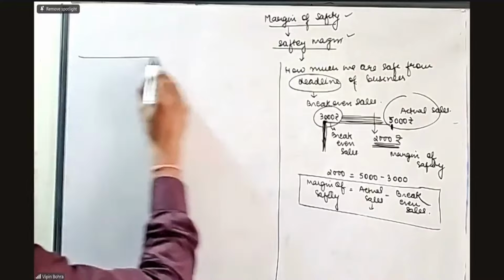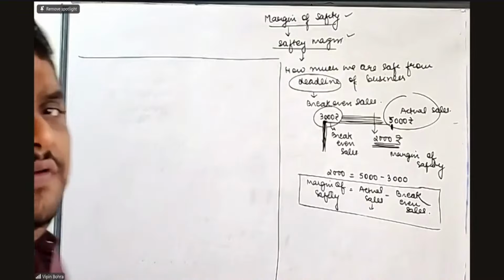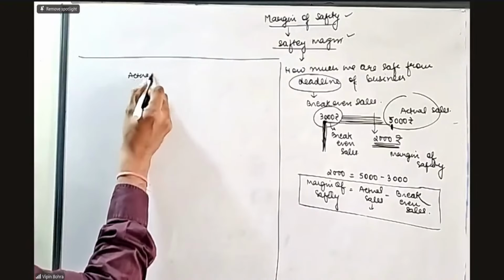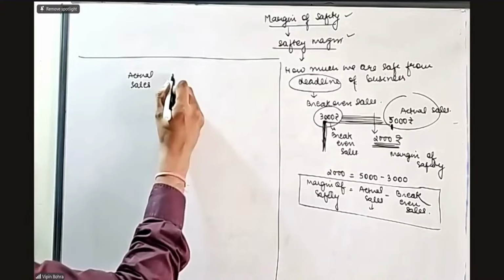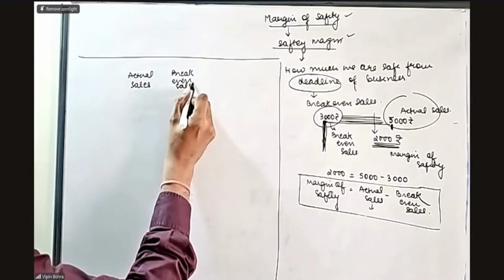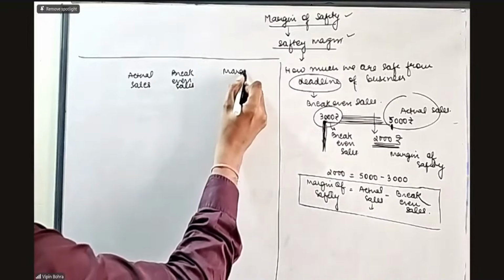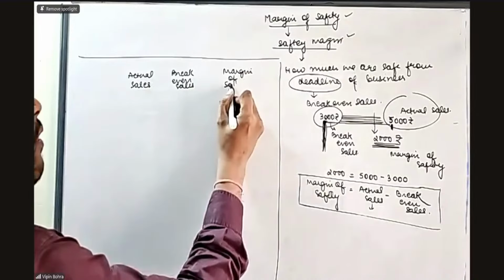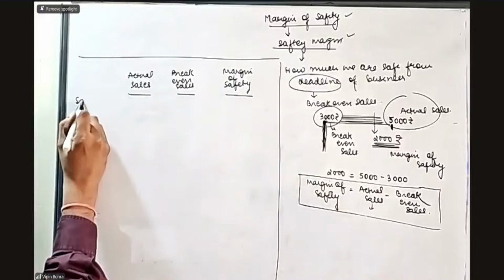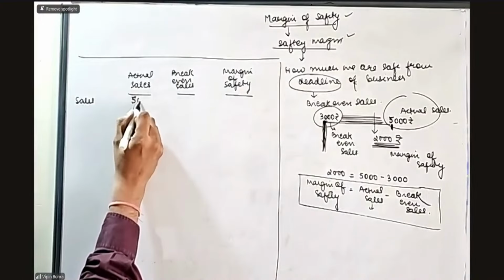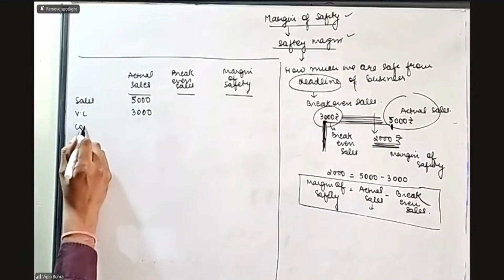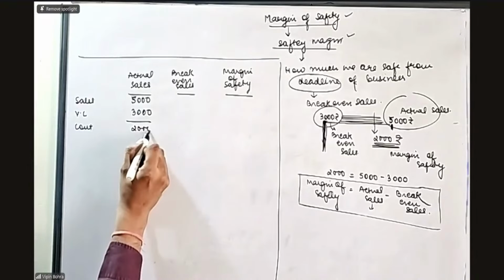There is an alternate way to understand the margin of safety concept, wherein let's say my actual sales is 5,000. My variable cost is 3,000. My contribution is 2,000.